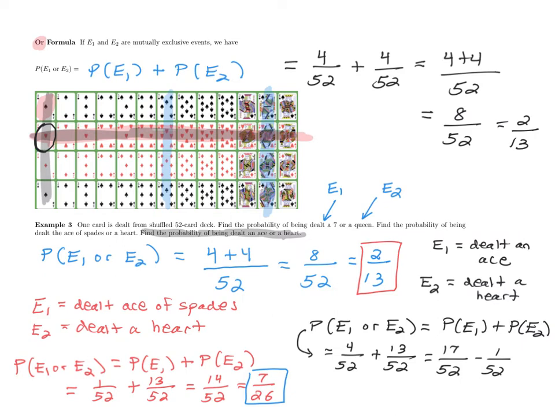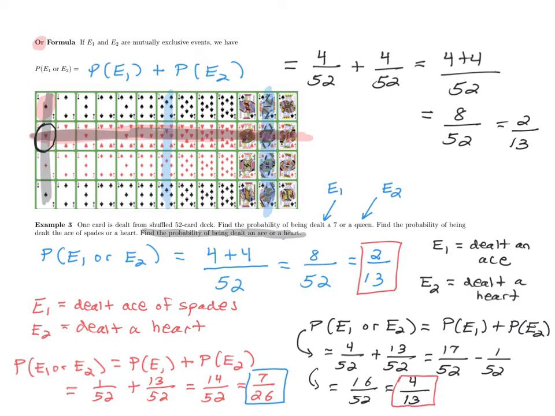And when you do that, it does take you to the correct answer of 16 out of 52, which we can simplify to 4 out of 13. And that is the correct answer here.